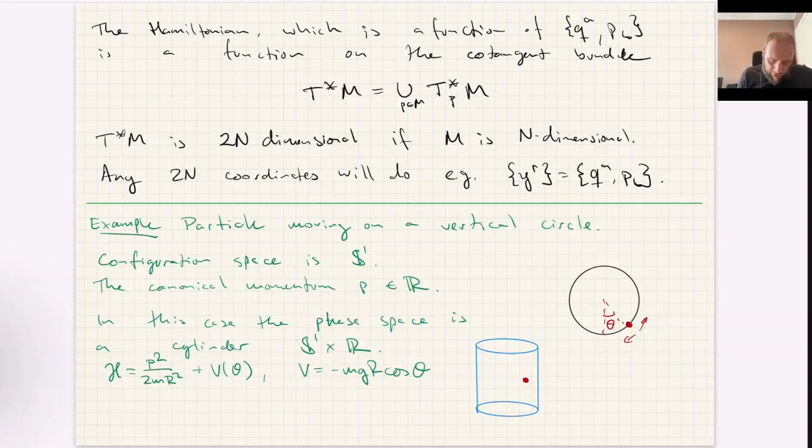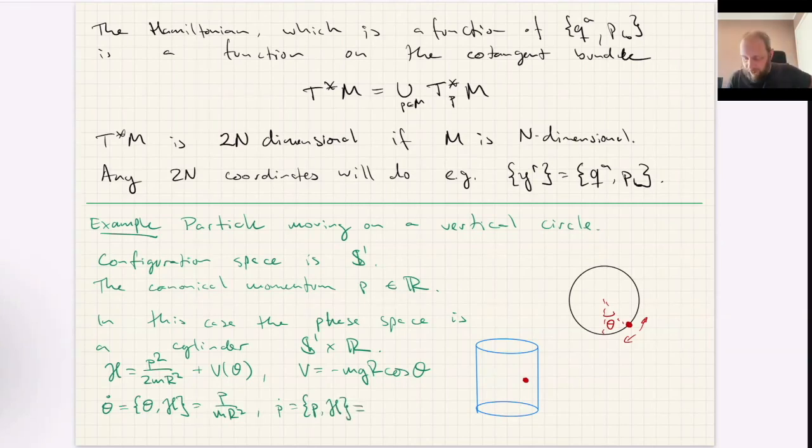So I can write down the equations of motion. Theta dot would be the Poisson bracket of theta with H. So that's just p over mr squared, whereas p dot would be the Poisson bracket between p and the Hamiltonian.